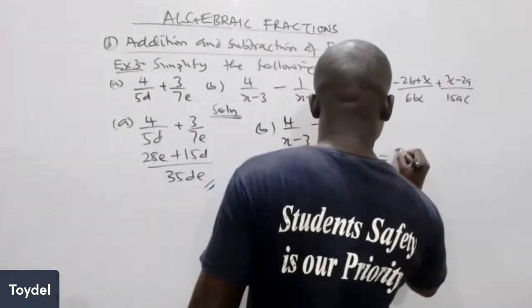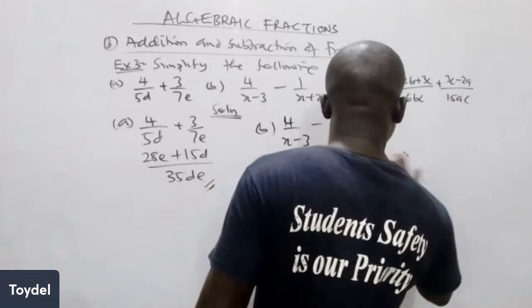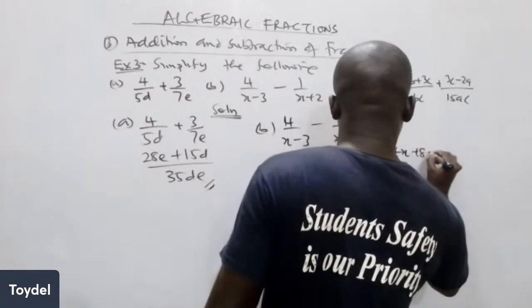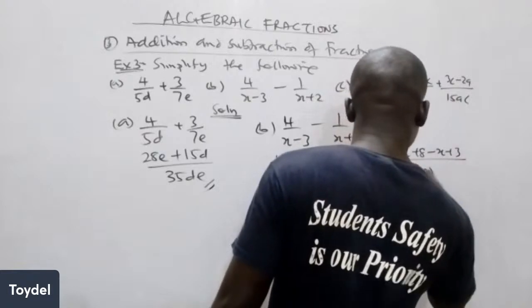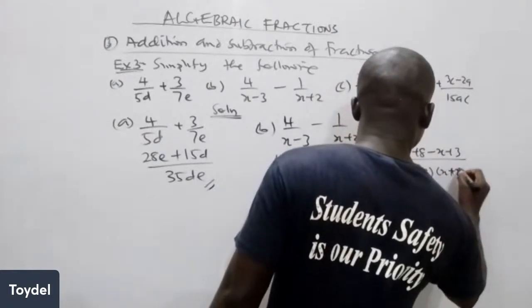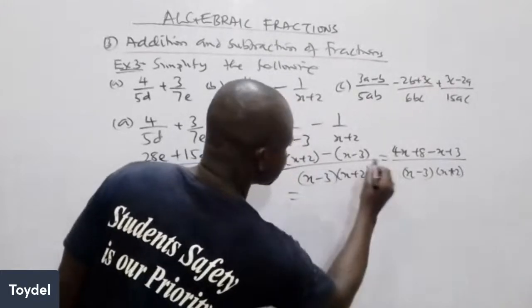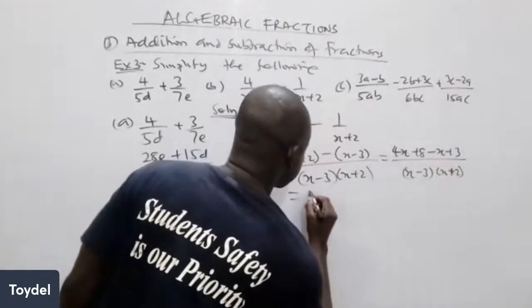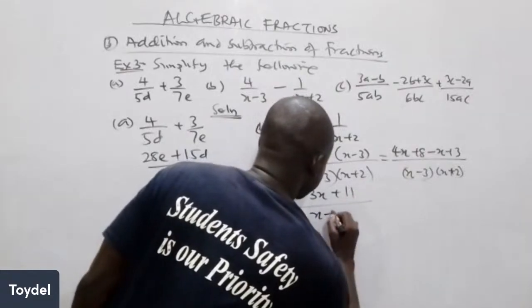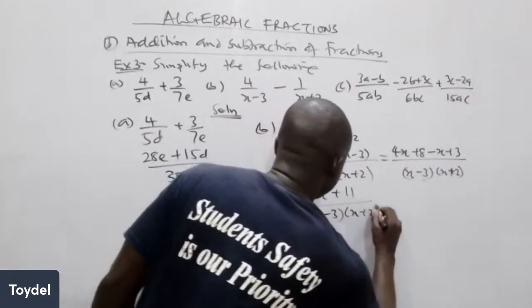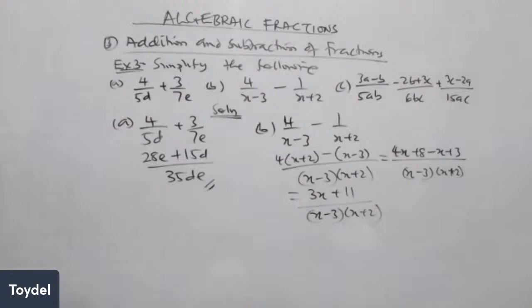We're going to have 4 times 2, 8, that is 4x plus 8 minus x plus 3, all over x minus 3, x plus 2. So what can we say about the numerator? 4x minus x, that's 3x plus 11, all over x minus 3, x plus 2. Can we simplify further? Just look at it very well. Is it possible for us to simplify further from there?